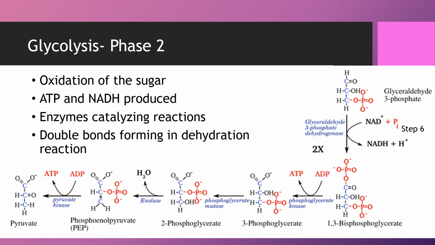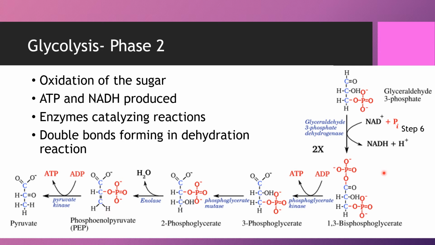And then phase 2 of glycolysis is the energy releasing phase, and we can call this over here step 6. Step 6 starts by oxidizing the sugar from step 5, and it's producing NADH from the electron carrier NAD+.